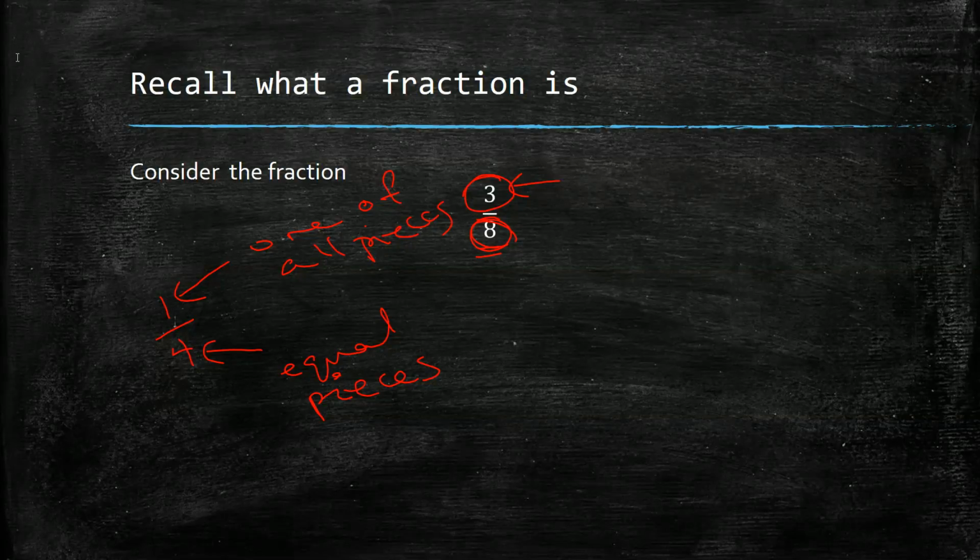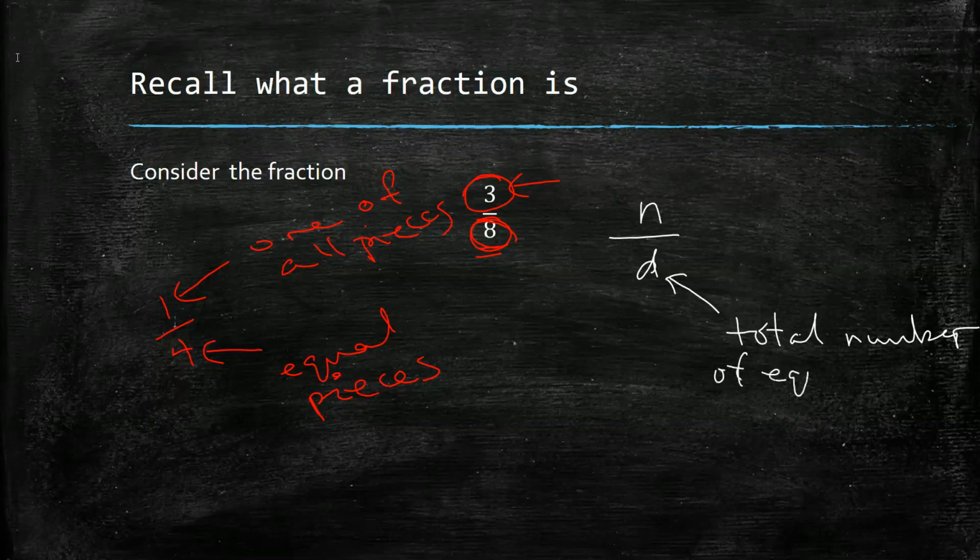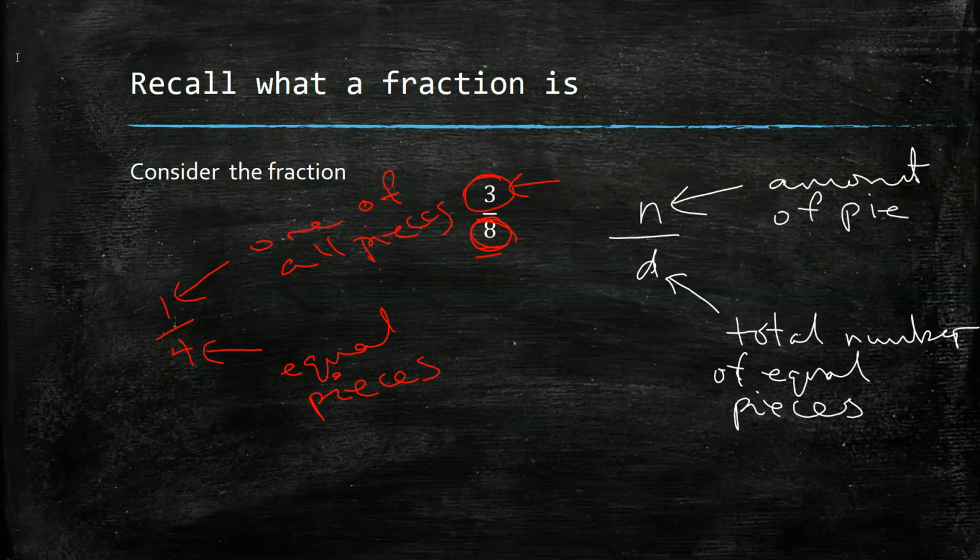So any fraction, no matter what it is, numerator over denominator, means that the denominator is the total number of equal pieces and the numerator represents the amount of pieces that you have. Numerator, denominator.